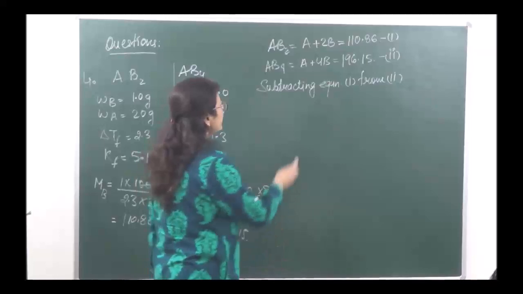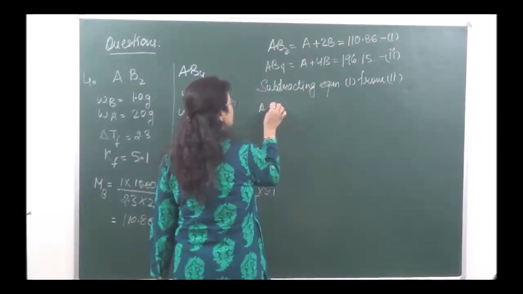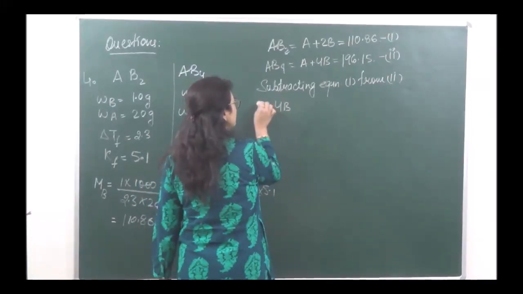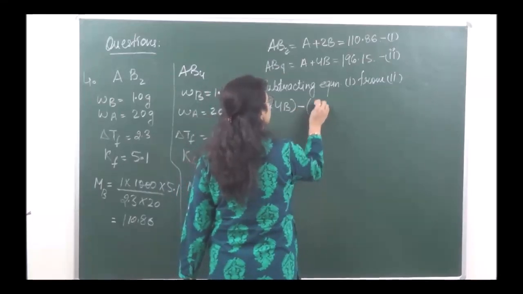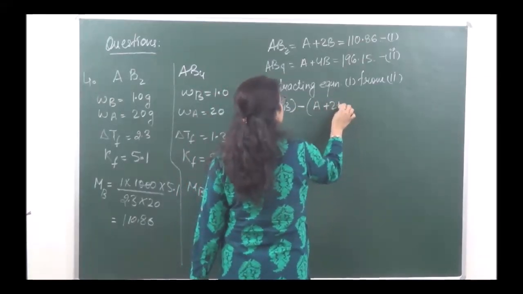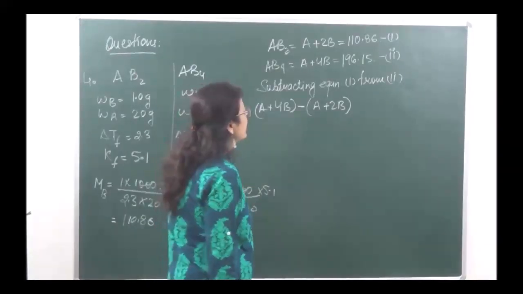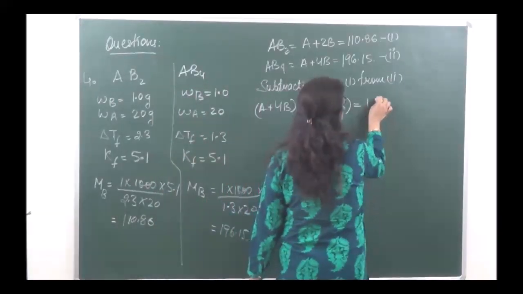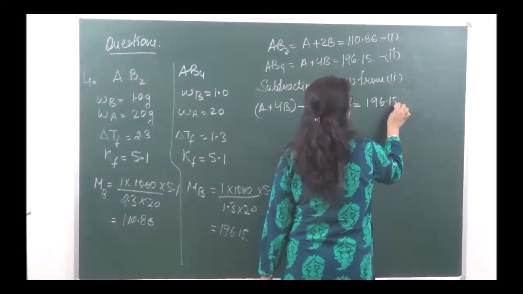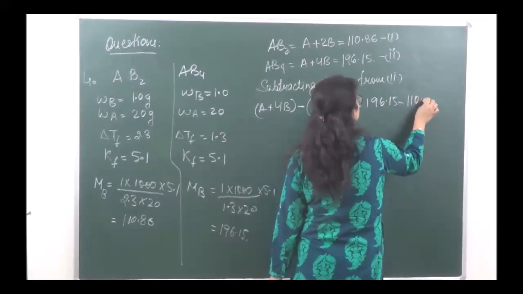What are we going to get? A plus 4B minus A plus 2B is equal to 196.15 minus 110.86.